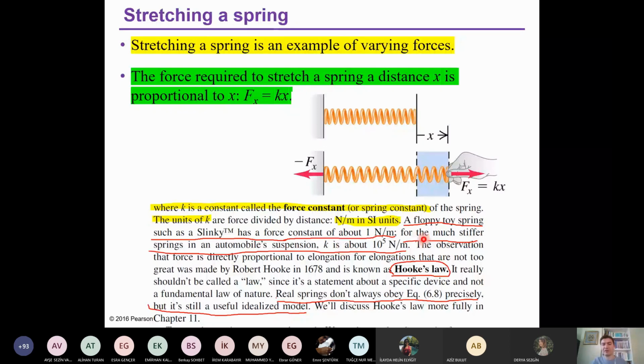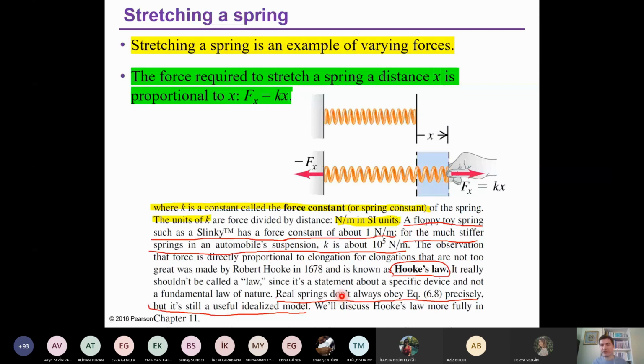Real springs do not always obey this equation, but it is still a useful idealized model. We will discuss Hooke's law more fully in chapter 11.